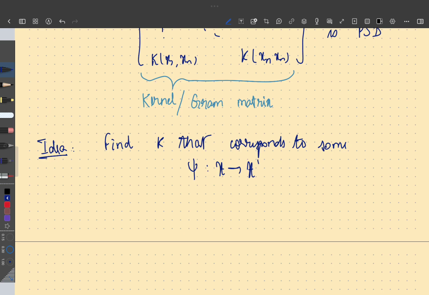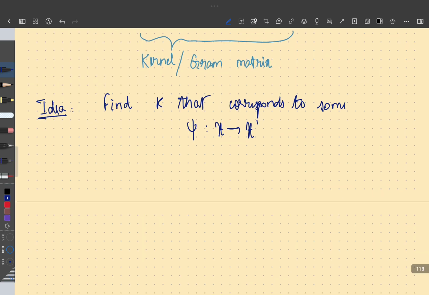So we don't care even if we have a closed form representation of psi. We'll just try to find K such that K of x1, x2 can be computed efficiently. And we'll see why that is enough. Right now we have some intuition because most of the algorithms just depend on inner products. Hopefully it's going to be enough to just design your algorithm such that you only need to compute K of x and something else and nothing else.